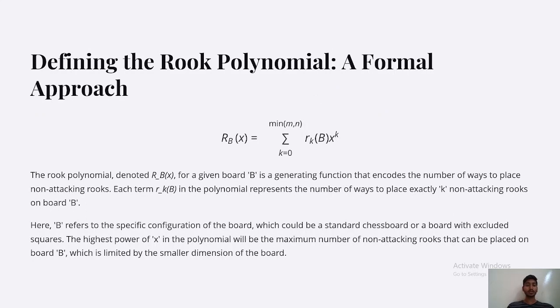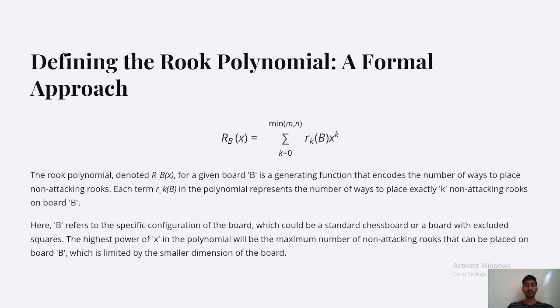Defining the rook polynomial: a formal approach. This is a formula that we are going to apply to the rows and columns. The rook polynomial is denoted R_B(x) for a given board B, and is a generating function that encodes the number of ways to place non-attacking rooks. Each term r_k of B in the polynomial represents the number of ways to place exactly k non-attacking rooks on a board B. Here B refers to the specific configuration of the board, which could be standard chessboards, or boards with excluded squares.